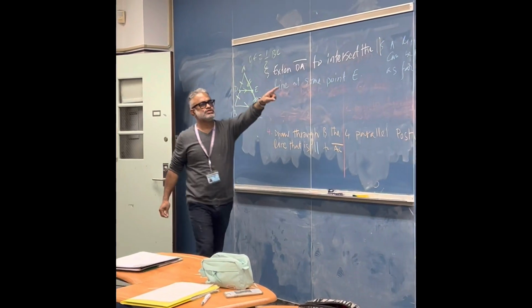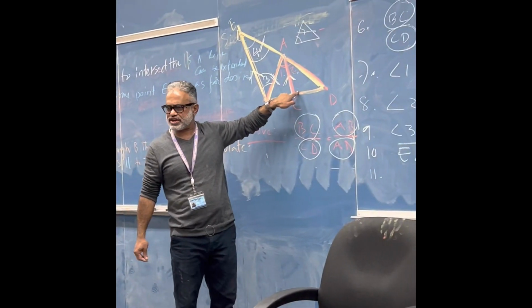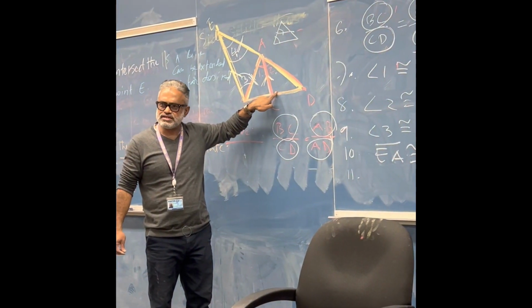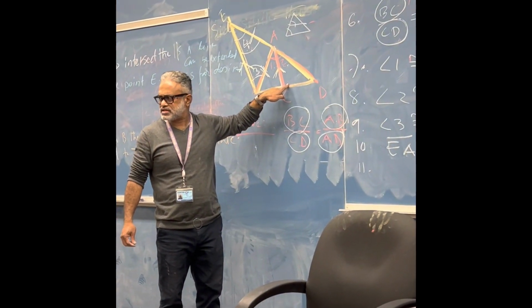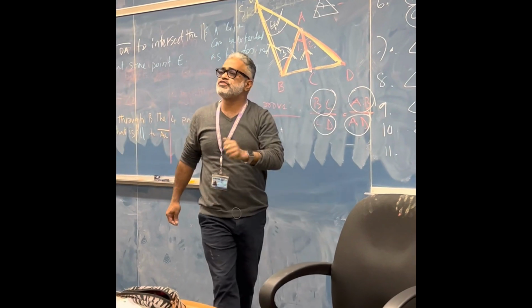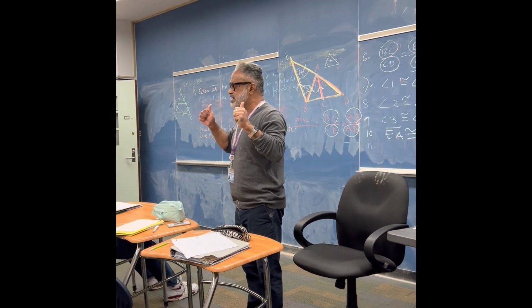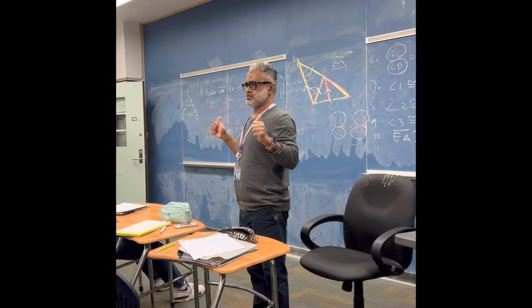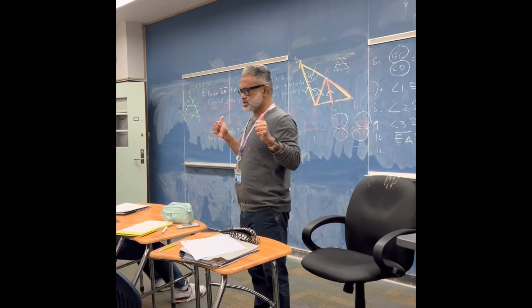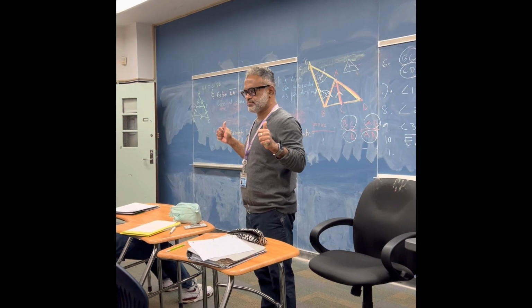But we are using the side splitter theorem over here. You got that? Okay guys? Good? Now this proof is written nicely in your text, so if you go over that, you'll be good. Give me a thumbs up.